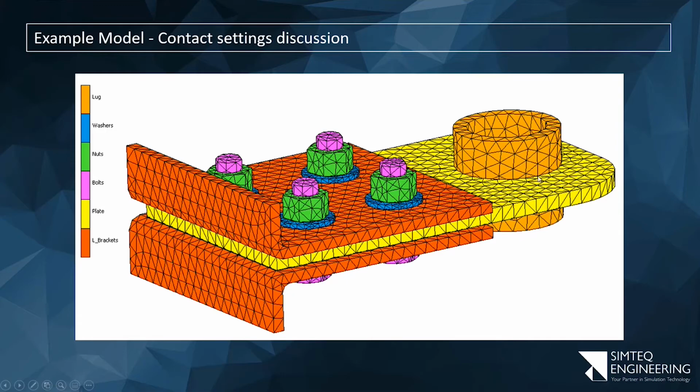Okay, so let's start over there on the right. So that, let's say the lug in this plate section. If it was an interference fit that I need to model, what settings would I need to run? Which options would I need to use?